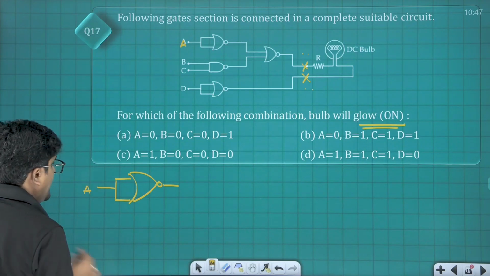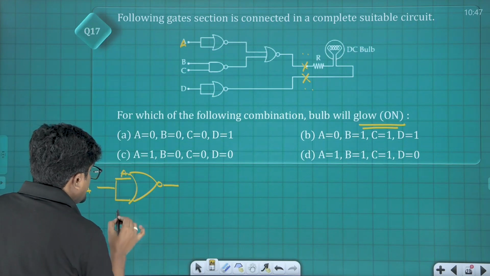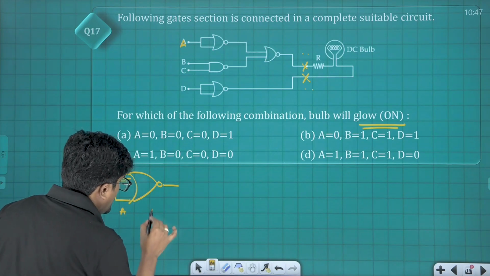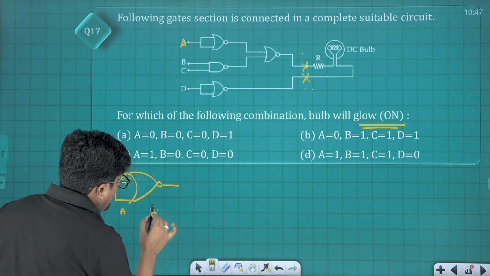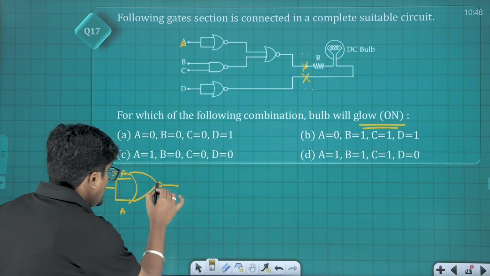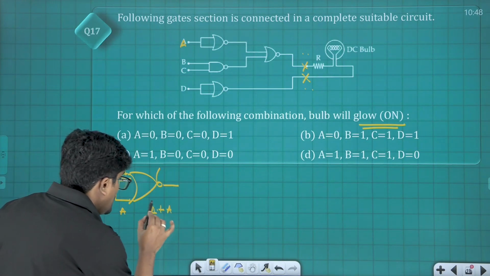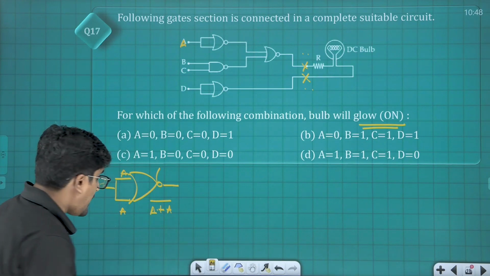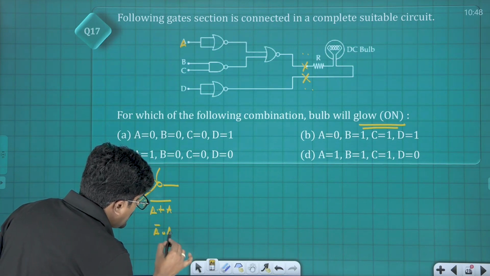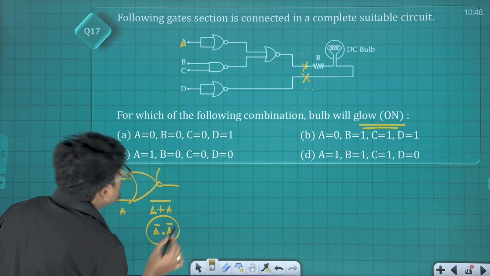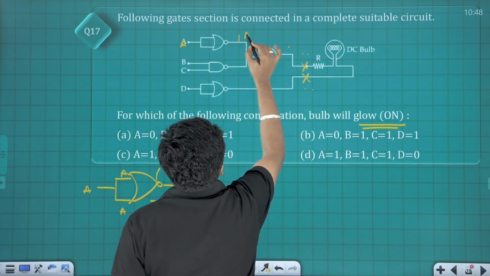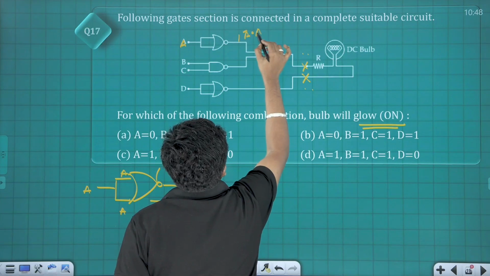So this is A, and here also this is A. Here this is going to be A plus A, the whole bar. So here this is going to be A bar dot A bar, at this point.